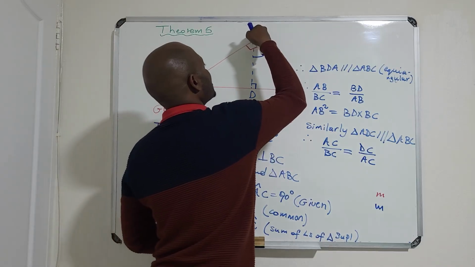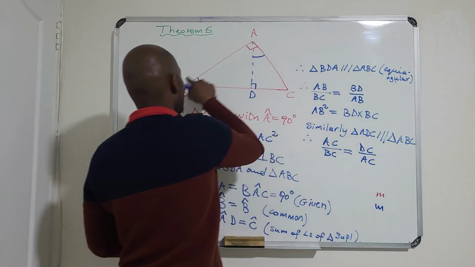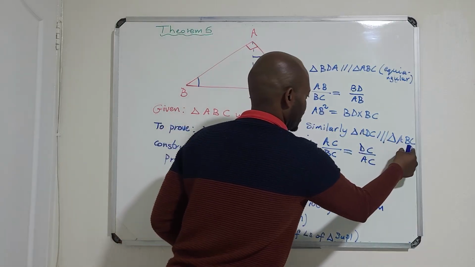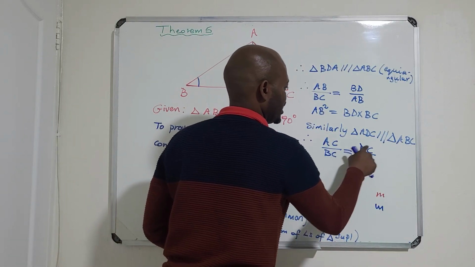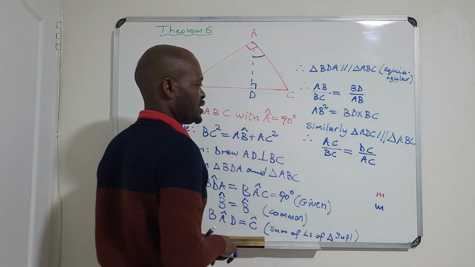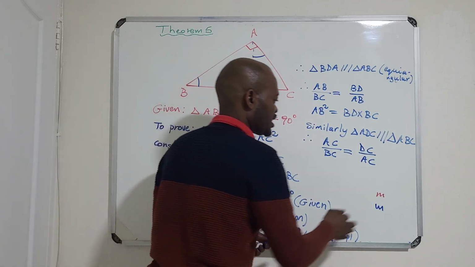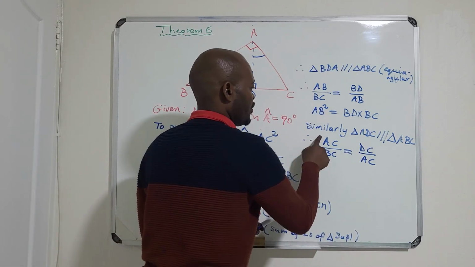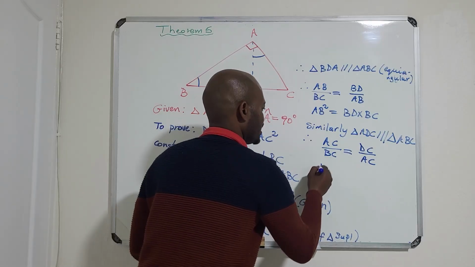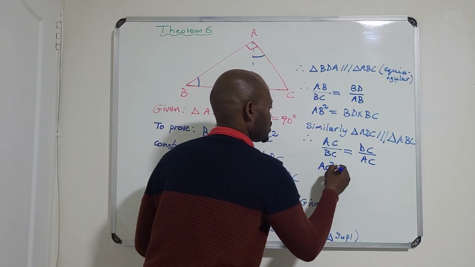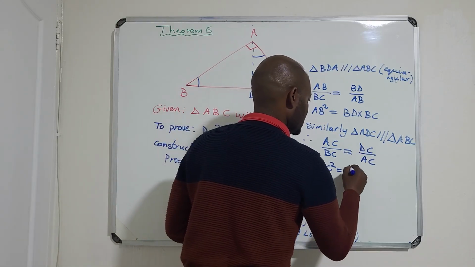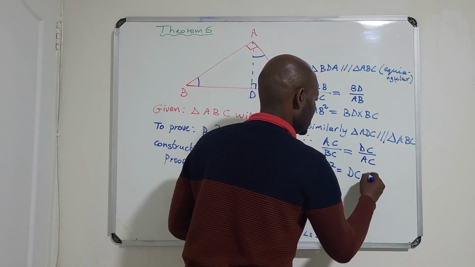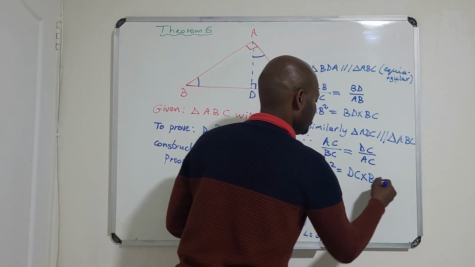Therefore, I'm going to say over this side for this triangle. That is why I've got AC over BC is equals to DC over AC. Now, I cross multiply again here. This times this, I get AC squared, which is equals to this times this is DC times BC.